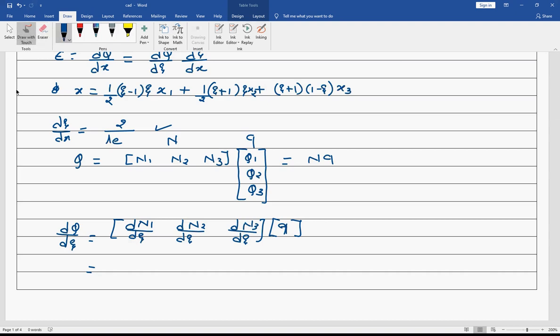So I will require dN1 by d psi, so you can differentiate this.